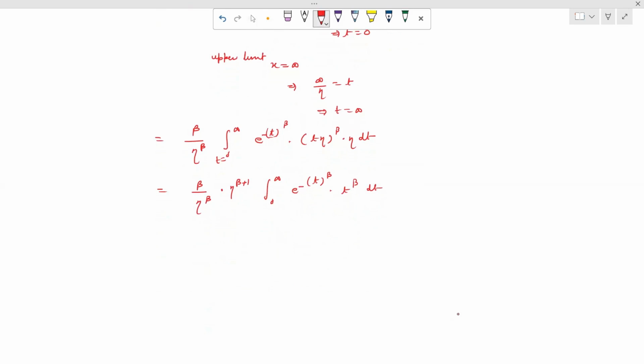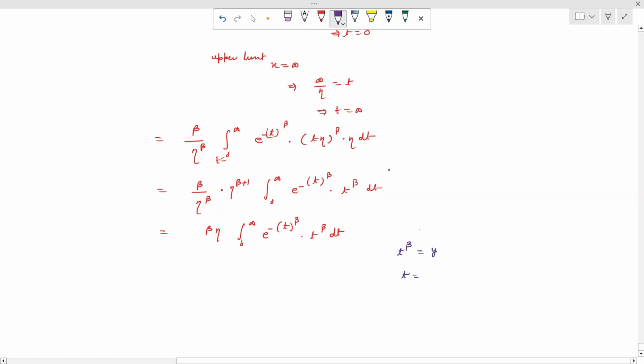So now we take the help of this. This can be written as beta upon eta, integration 0 to infinity e raised to the power minus t raised to the power beta, into t raised to the power beta into dt. Now when we are going to solve this integration, we can solve it in a single step. Let t raised to the power beta be equal to y.